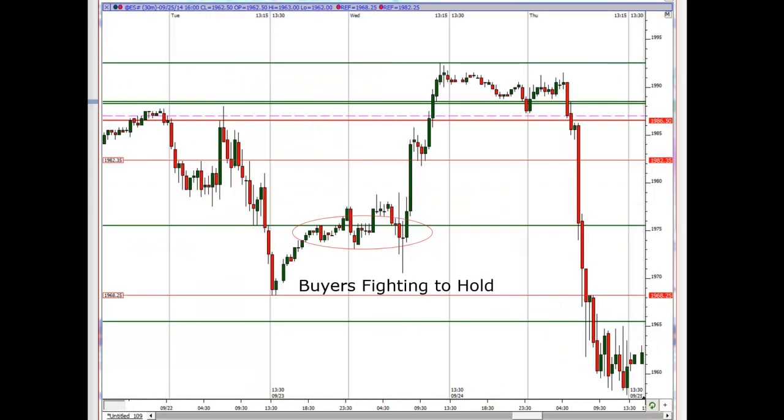and study the auction. Now, I've had to move the chart to the following days because we're really tracking the move over a number of days. This was the last point that we looked at. This is what we called their third stand, and the buyers are fighting to hold. And so here's what happens.